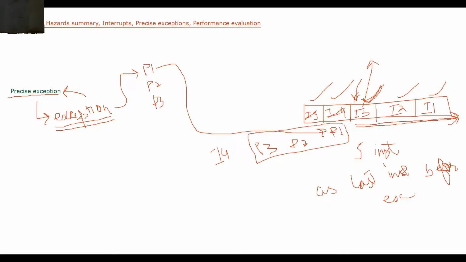So let's see if this is now a precise exception. What is the definition of a precise exception? A precise exception says that if IK is the last instruction before an exception, then all instructions after this IK should execute after the exception handler, and everything before IK should complete before the exception handler. So there are two conditions.